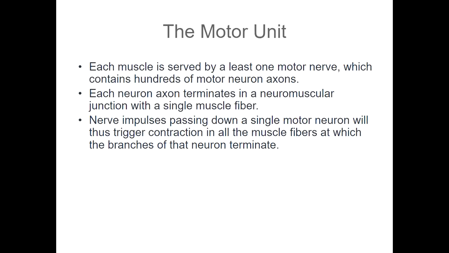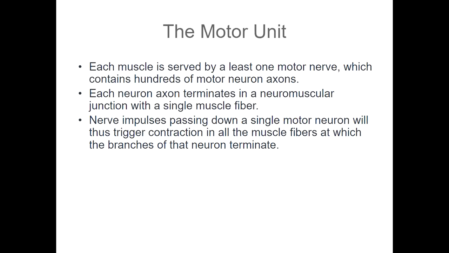And everywhere one of those axons ends, where it touches the muscle, that's one of the neuromuscular junctions. It's typically one neuromuscular junction with each individual muscle fiber. So when our brain sends the action potential down the motor neuron, it sends it out to all the muscle fibers at one time.